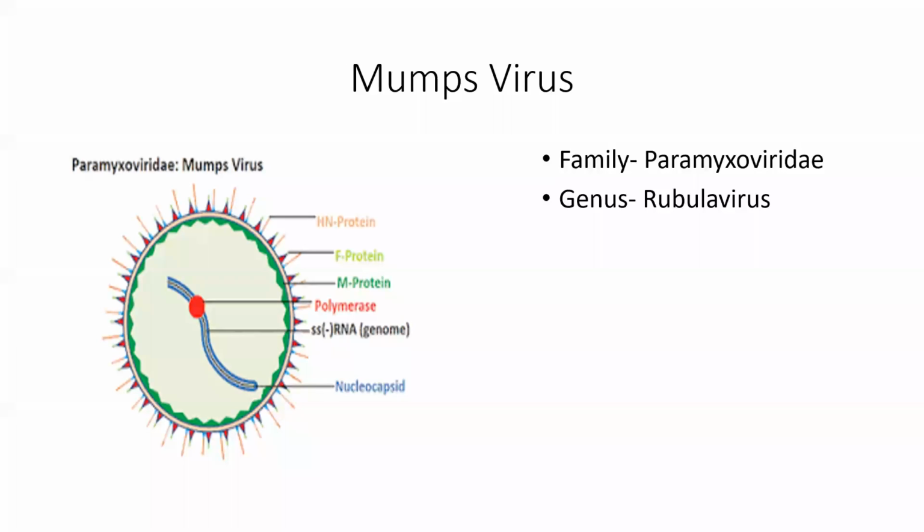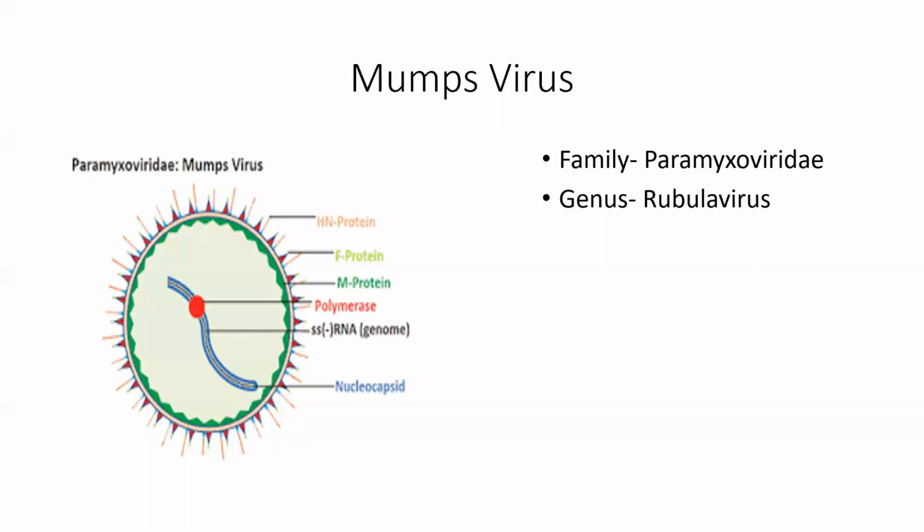After this agglutination of the RBCs, or heme agglutination, it is followed by hemolysis at a temperature of 37 degrees centigrade, which is the normal temperature of every human being. So at that temperature, the virus performs heme agglutination and hemolysis.